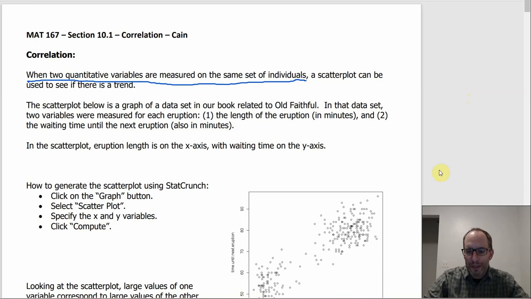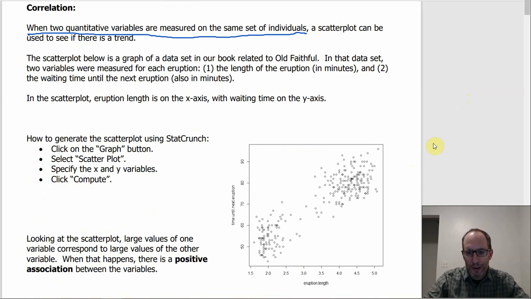The scatter plot that's visible right here, I didn't use StatCrunch to get that one. I used R, but I'll make a StatCrunch one in a second. There are data sets in our book that you can download from the Pearson website, and that's what I did.